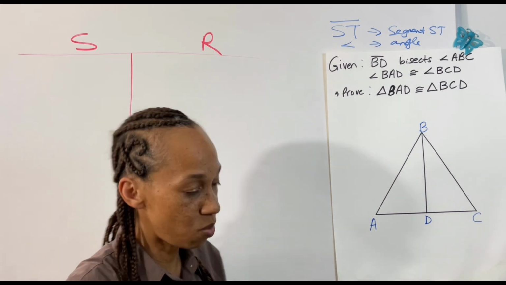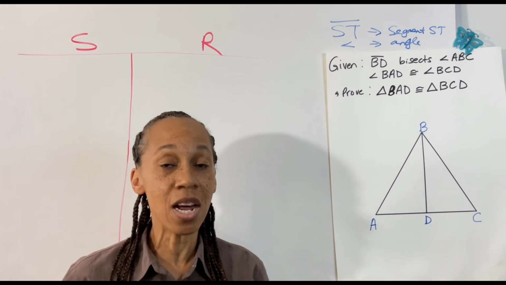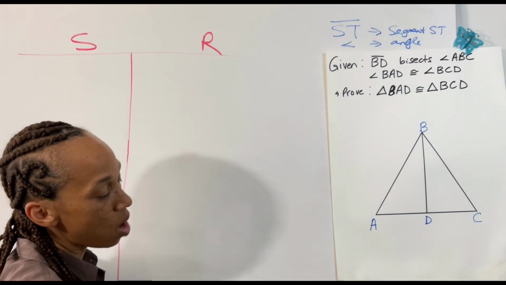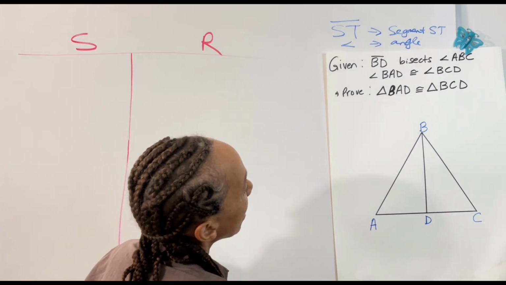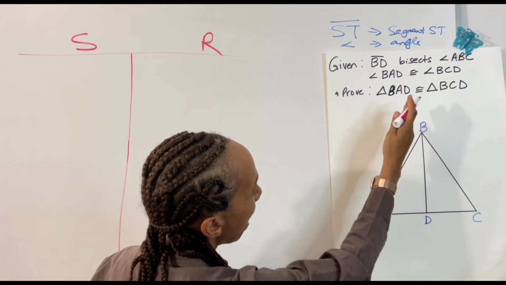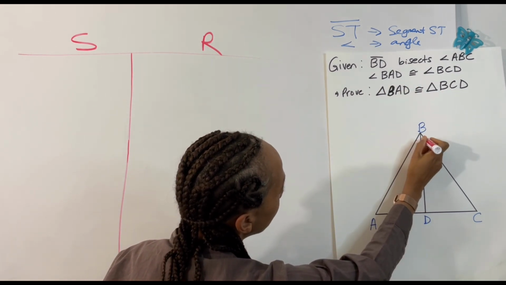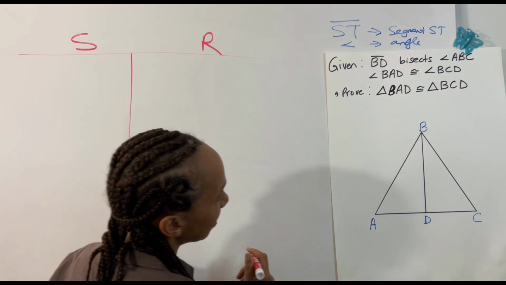So let's get started with this. First and foremost, once again, start with your statement and reason column. Looking at what we have here, segment BD bisects angle ABC.